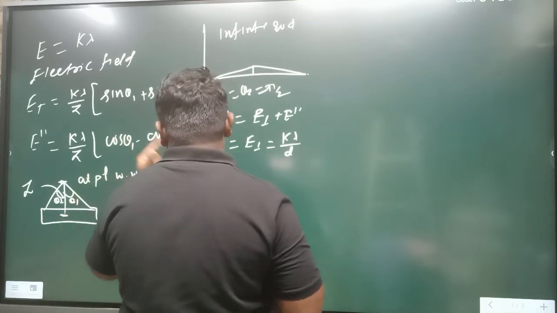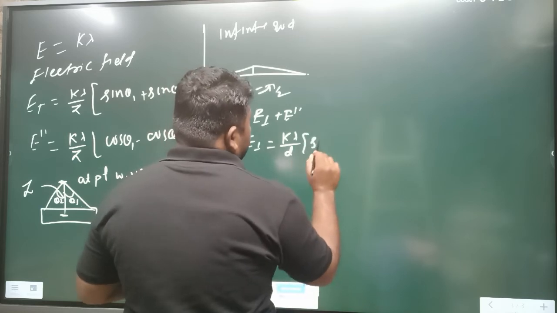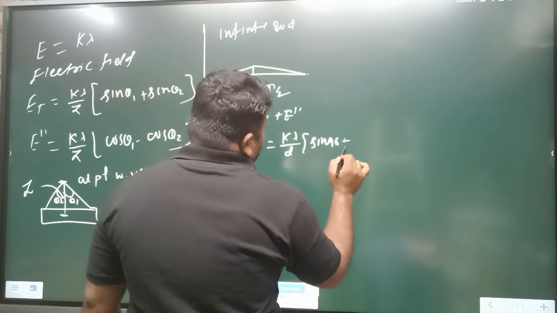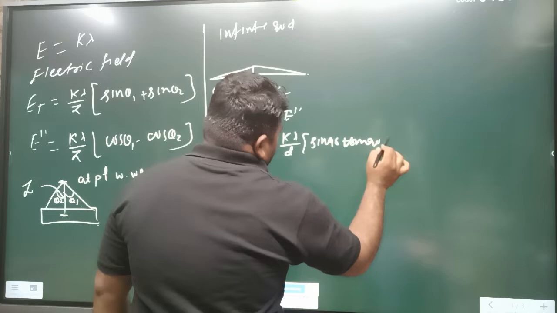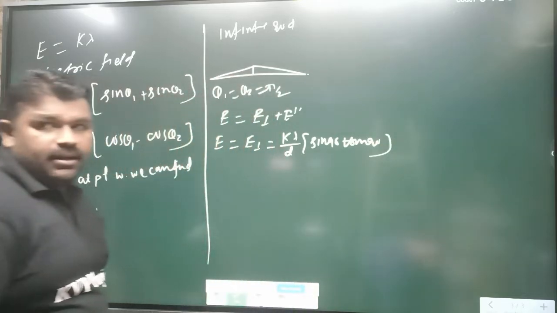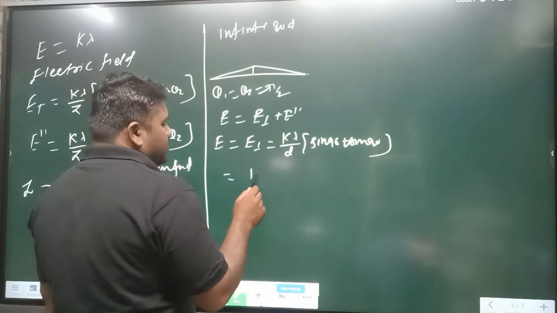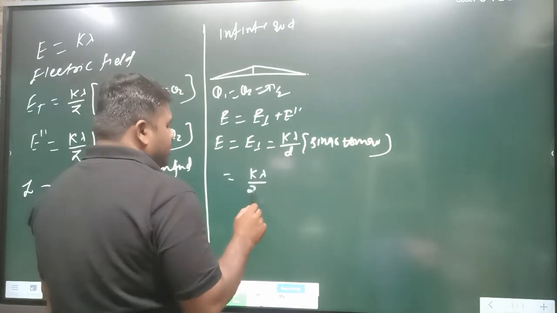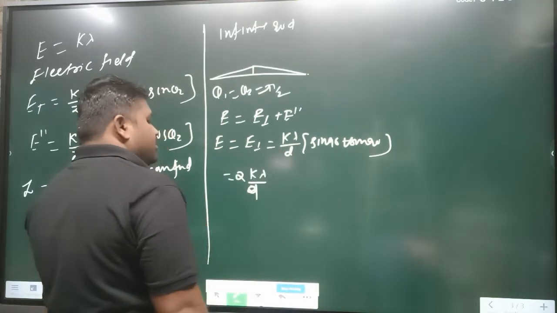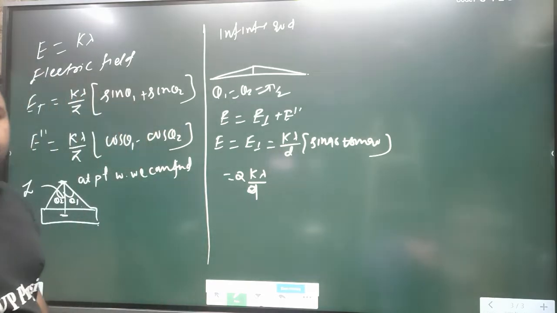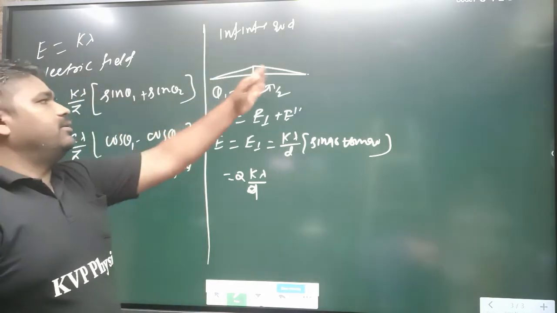What is theta 1, theta 2? 90, 90. So sin 90 plus sin 90, 1 plus 1, 2. This is equal to K lambda upon D times 2, in the direction perpendicular, normal to the rod.